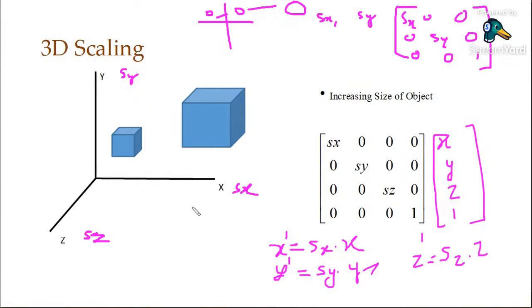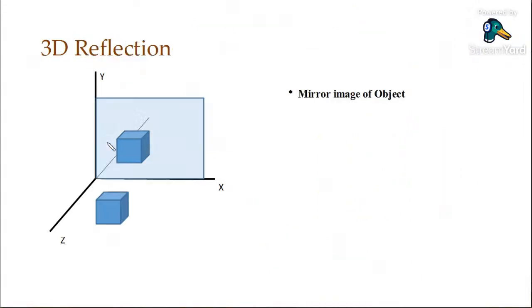If you have a scaling factor greater than 1, then your object size will increase, and if your scaling factors are less than 1, the size of the object will decrease. So that is the increasing and decreasing size based on the scaling factors sx, sy, and sz. Now once we have discussed 3D scaling, we'll move towards the next, that is nothing but 3D reflection.